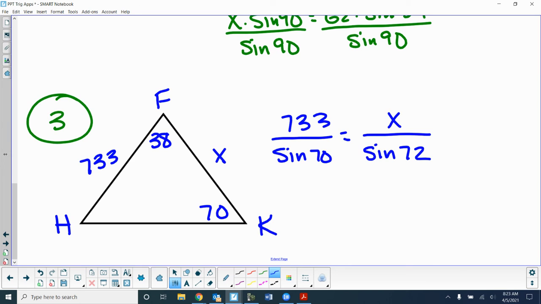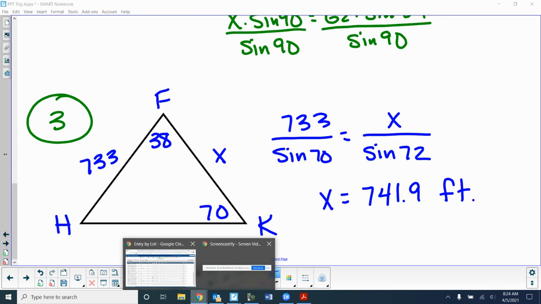When we cross multiply and divide, Matt, what do we get? 741.9. Right. It was feet this time. Any questions? These making sense? Pretty easy, right? All right, good job today. I'll give you all a 5. Good start.